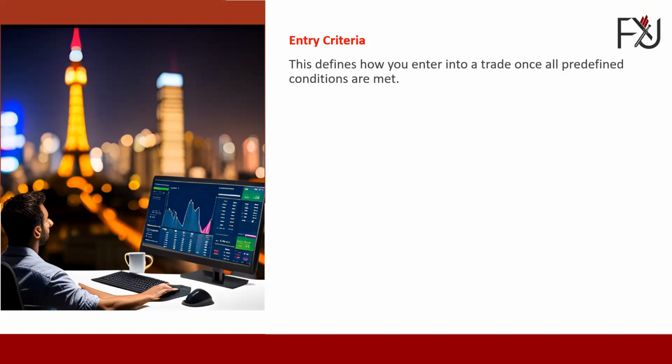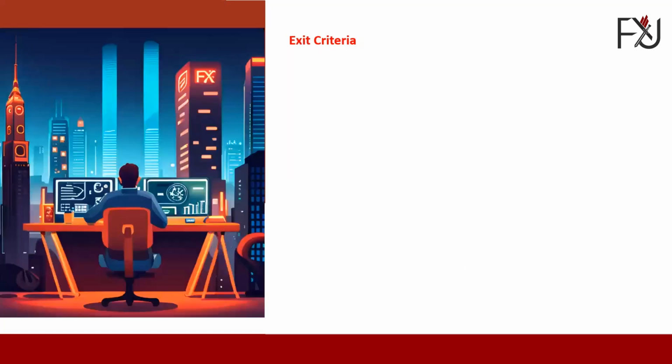In the same way, once those conditions have been met, you need to define how you enter the trade. Do you enter while the moving average is crossing over, or do you wait for a candle to close? This is how you define your entry criteria. This also includes when the trade is to be opened and the lot size to be used. All of those are part of the entry criteria, okay?